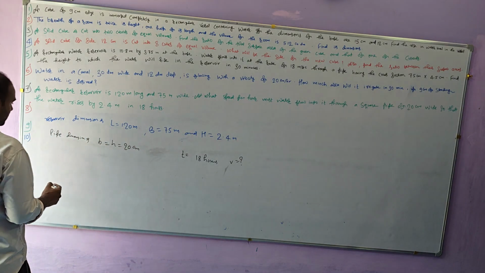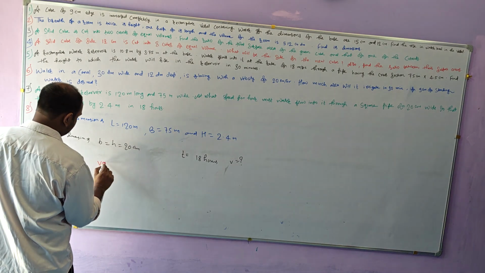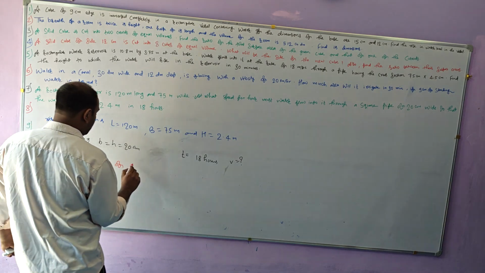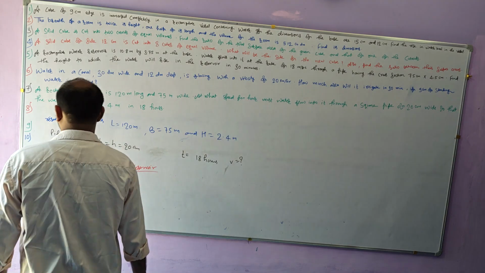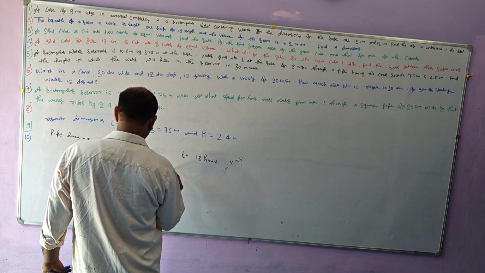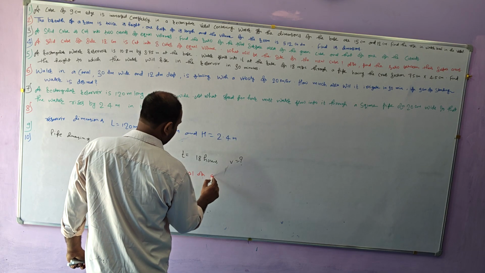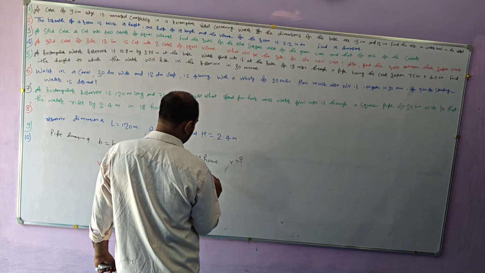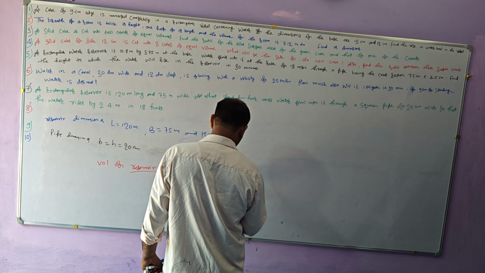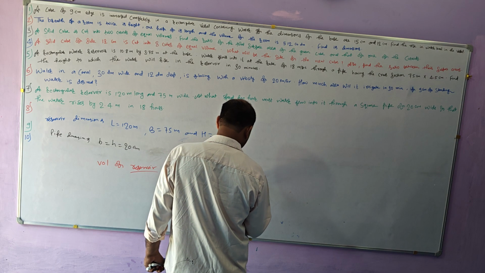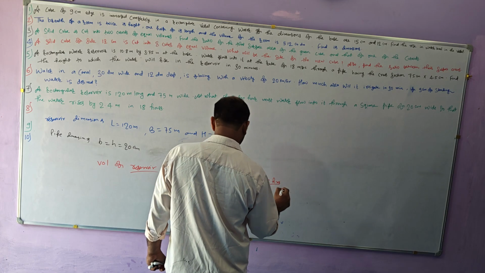So the volume of the reservoir is equal to the volume of the pipe at a time of 18 hours.